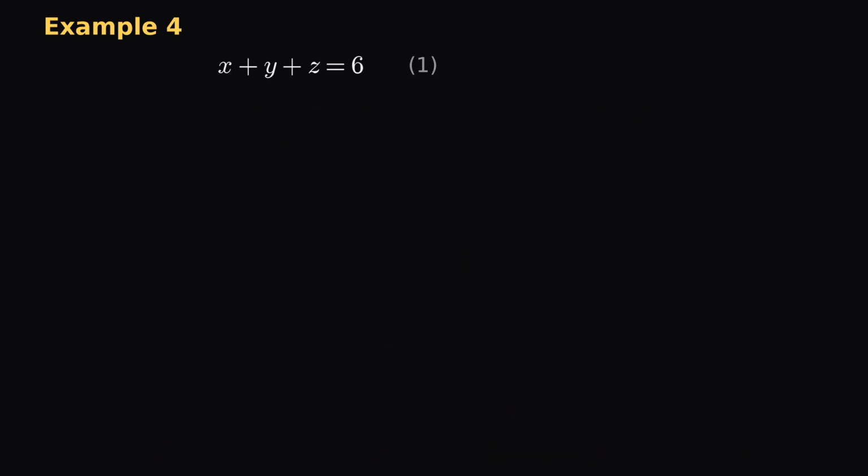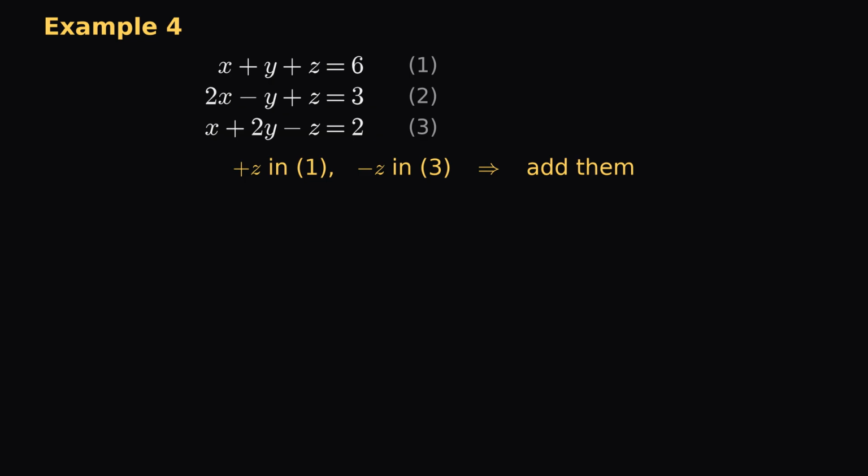Example 4. 3 unknowns. x plus y plus z equals 6. 2x minus y plus z equals 3. And x plus 2y minus z equals 2. Number them 1, 2, and 3. Now look for a variable that's easy to kill. The z terms in equations 1 and 3 are plus 1 and minus 1.